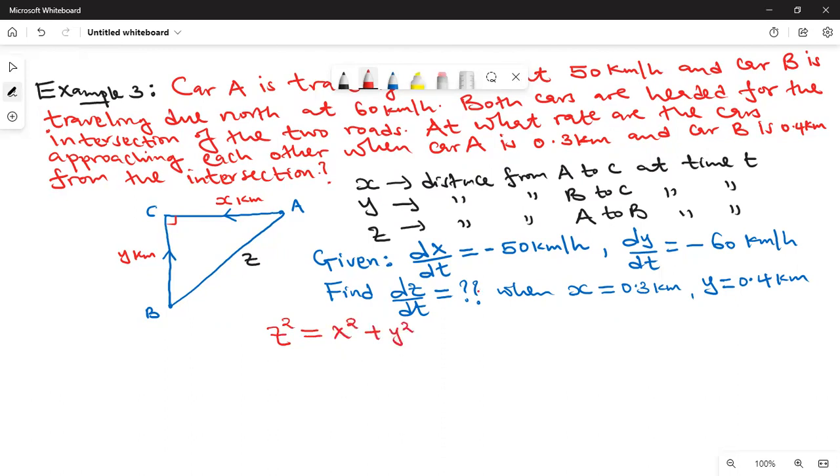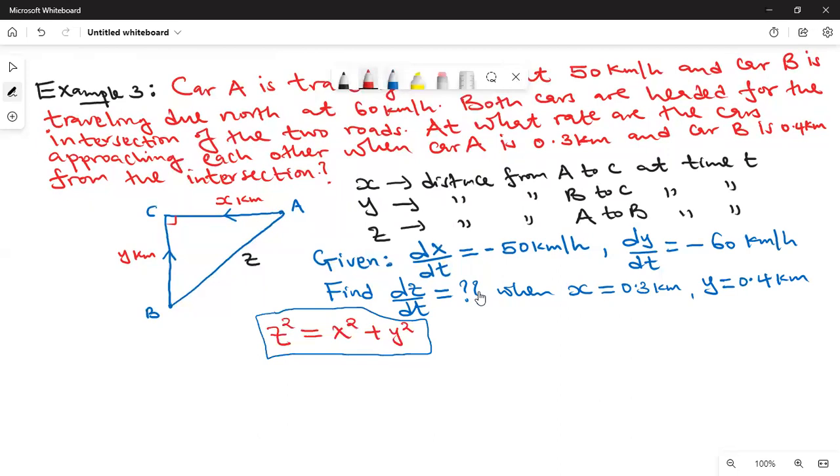Now, that is the equation relating those. Step three, now we need to differentiate this equation. This is the equation that we need to differentiate.